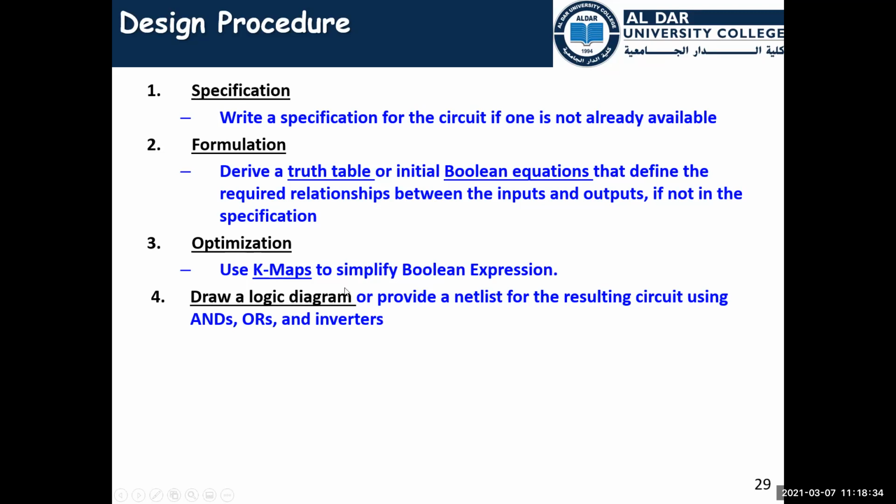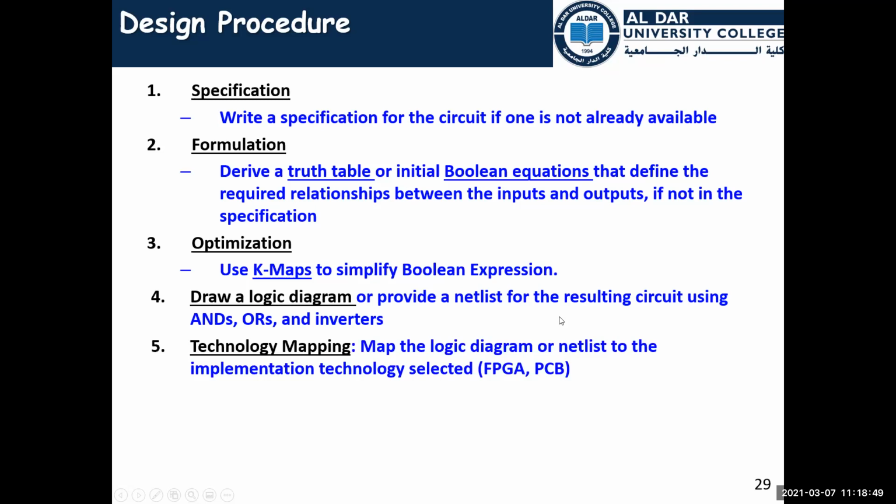After optimization, you have your Karnaugh map and your Boolean expression, so you start to draw a logic diagram or logic sketch of your circuit. This means you provide a netlist for the resulting circuit using AND, OR, and NOT operators. And technology mapping is the last step of design.